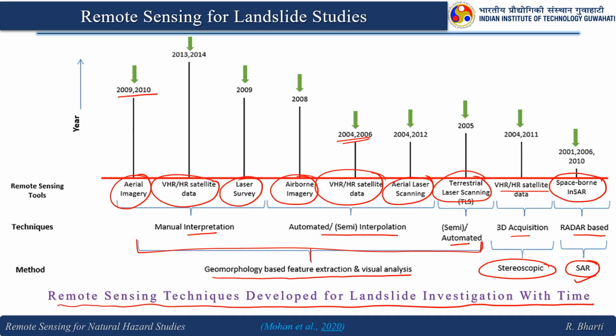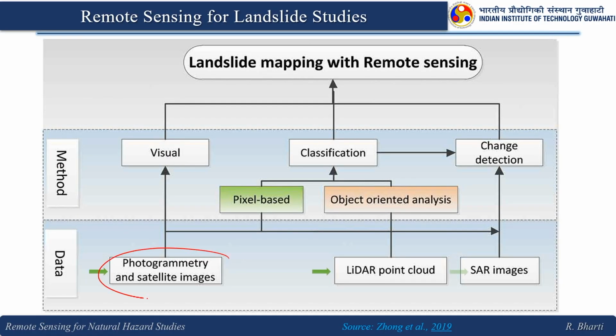I am just trying to give you the flavors of remote sensing, how different remote sensing techniques can be used in landslide studies. Let us start with photogrammetry and satellite based. So this can be used for visual analysis.